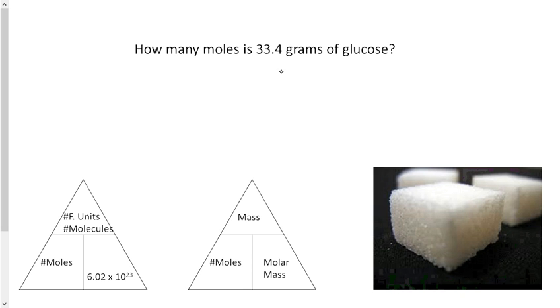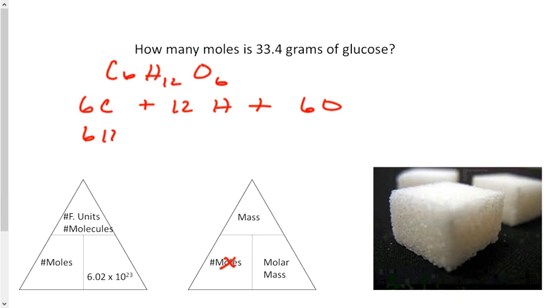So how many moles is 33.4 grams of glucose? I can do that. Okay, so I cover up the moles. It says to take mass divided by molar mass. Well, that means we have to get the molar mass. So we have, again, C6H12O6. So that's going to be 6 carbons plus 12 hydrogens plus 6 oxygens.